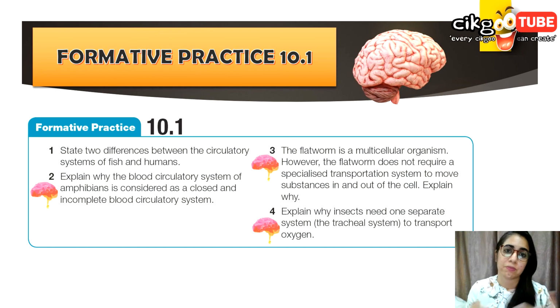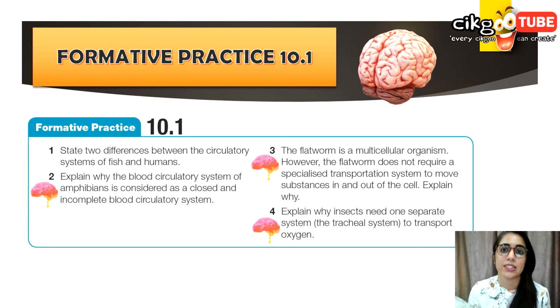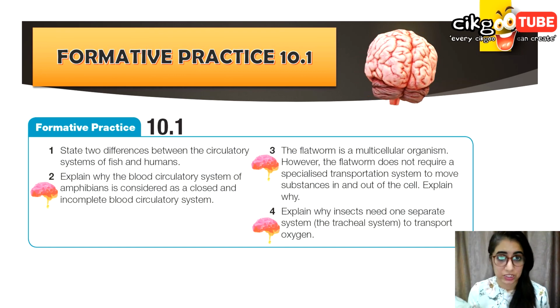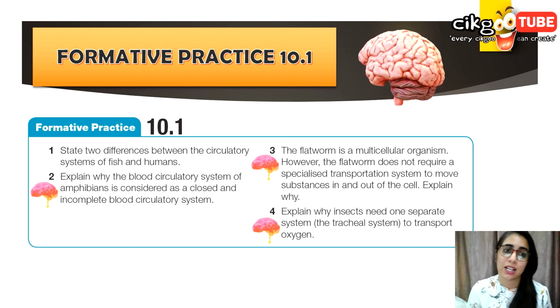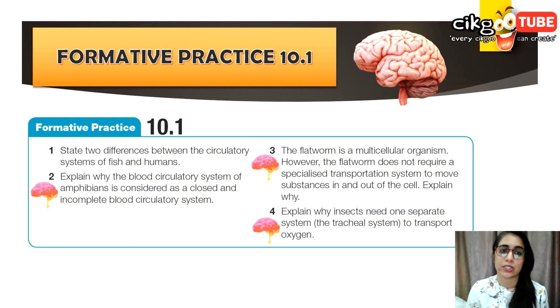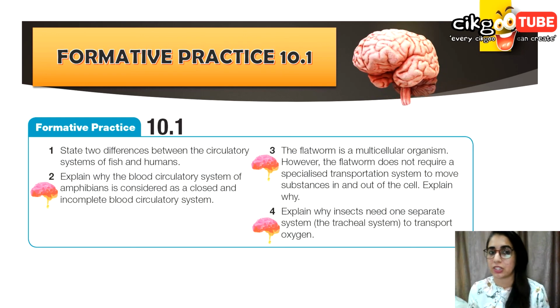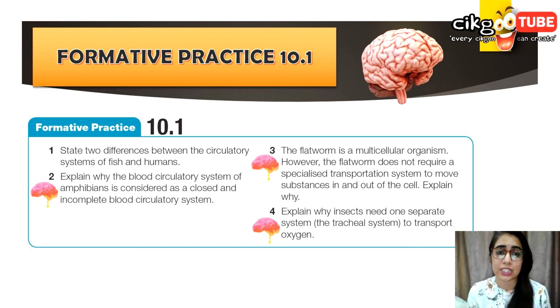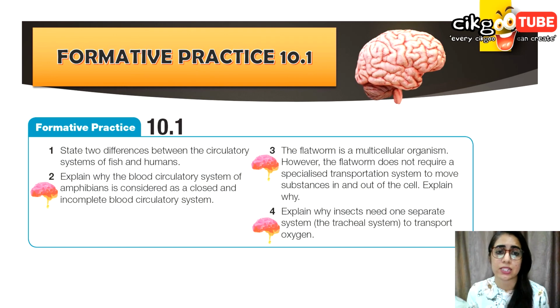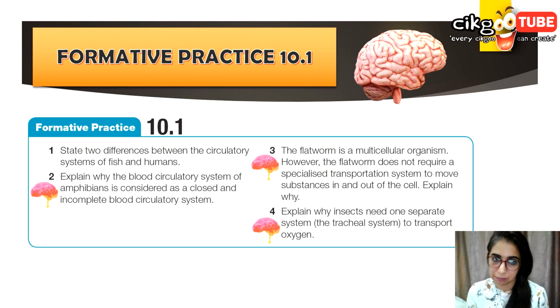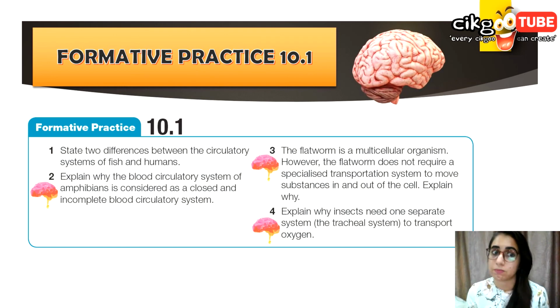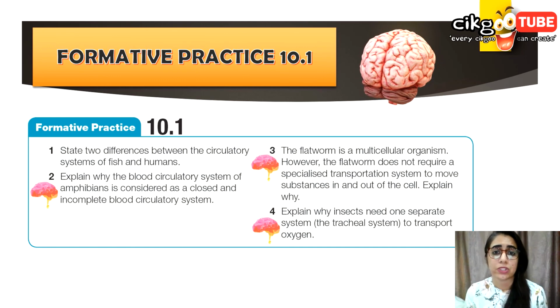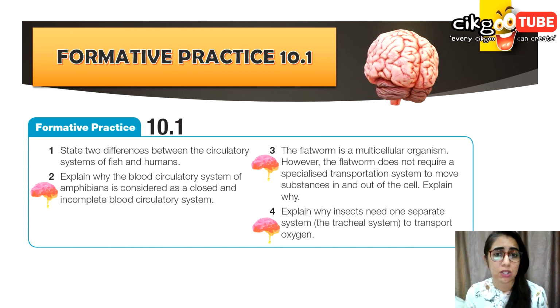Even in formative practice 10.1, on page 172, the question was asking, state 2 differences between the circulatory system of fish and humans. Number 2, explain why the blood circulatory system of amphibians is considered as closed and incomplete blood circulatory system. Number 3, the flatworm is a multicellular organism.